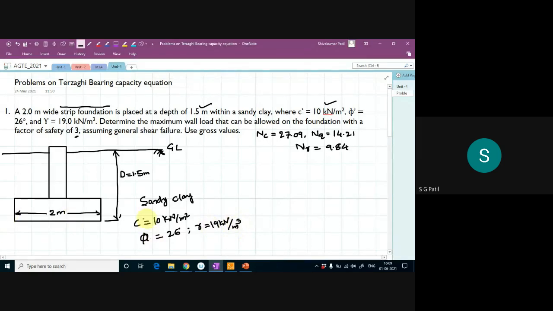They are not talking anywhere about the water table, the details are not given. That means there is no water table at all, so the water table is not going to affect the bearing capacity of this foundation.